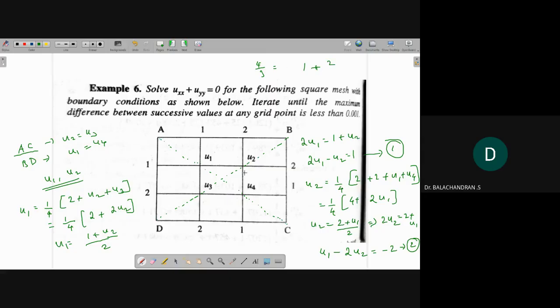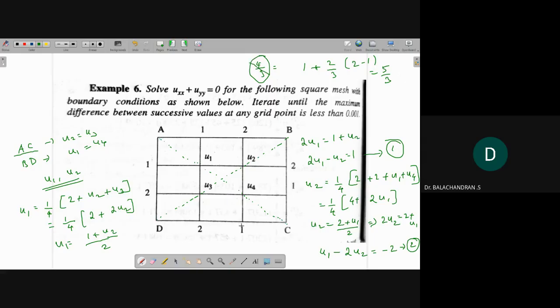I'll check it. 2/3 of the distance into 2 minus 1. Okay, 1 plus 2 by 3, not 4 by 3. 1 plus 2 by 3 is 5 by 3. So it should be 5 by 3, not 4 by 3.